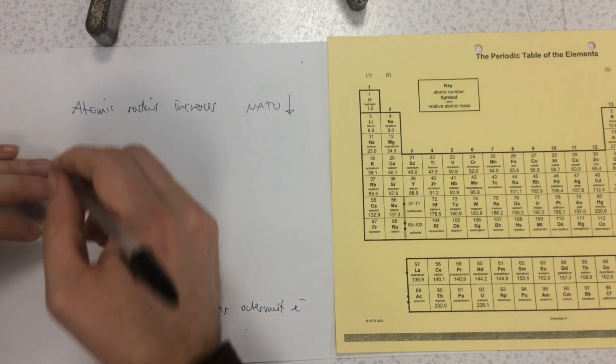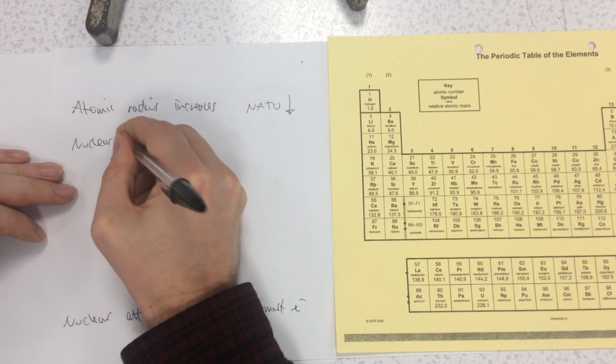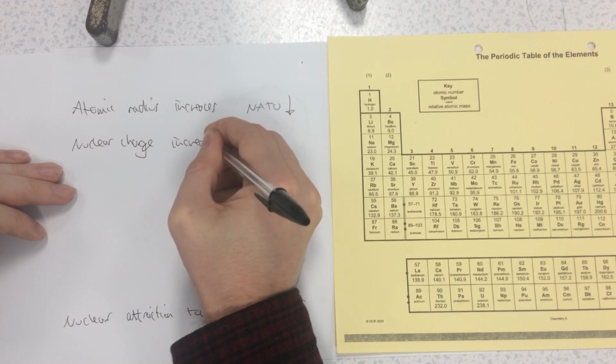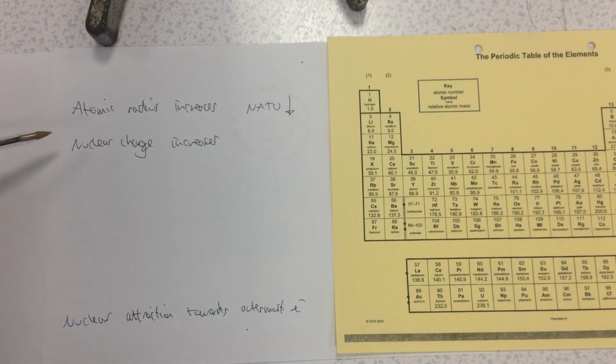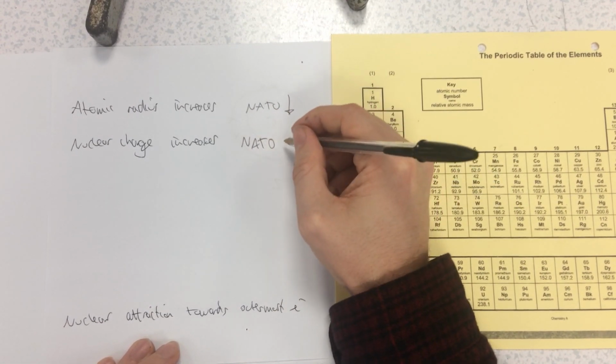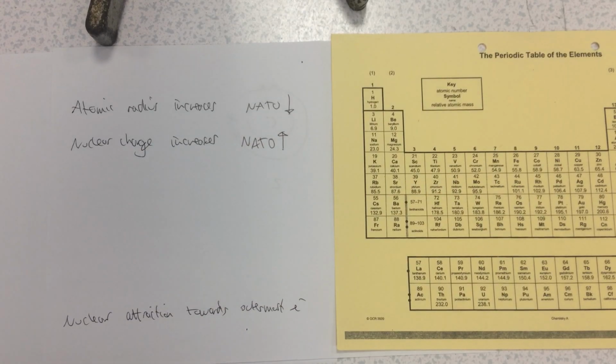Let's look at nuclear charge. As your nuclear charge increases, you have more protons in the nucleus, so you have more protons to attract the outermost electron. And so that's going to make the nuclear attraction towards the outermost electron greater.